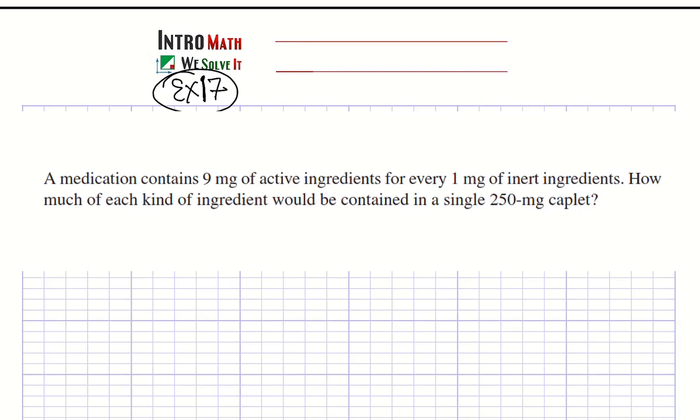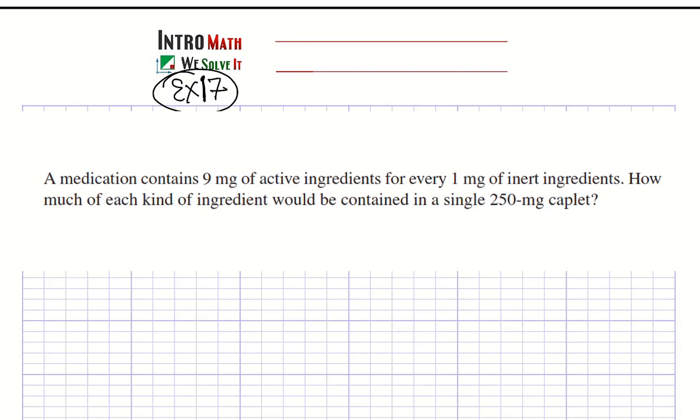How much of each kind of ingredient will it contain? We've done this problem before. I remember doing this problem before. I don't know why I'm repeating it again, but it's okay. We can do it again.